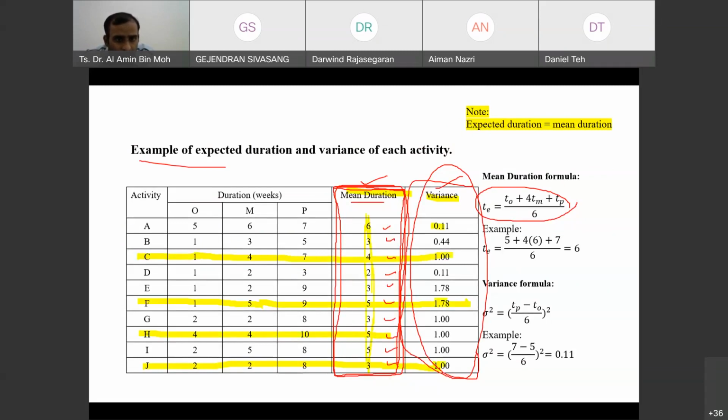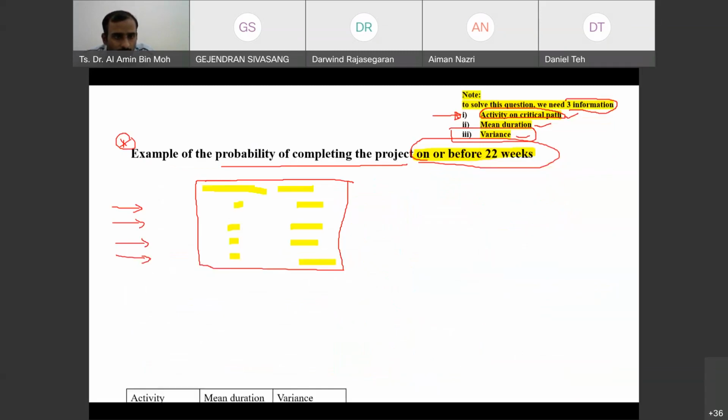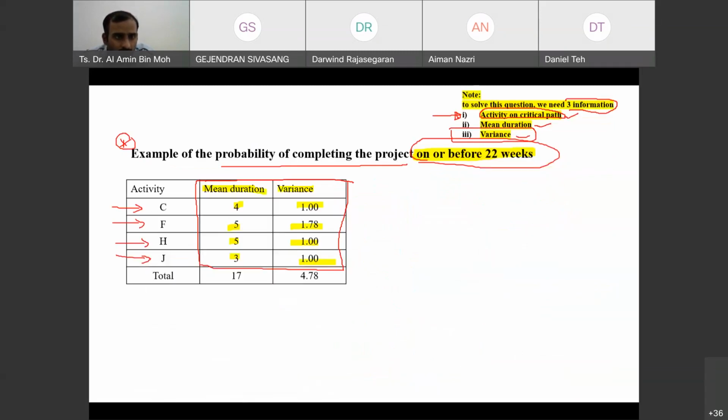We take the information from this table, and then we calculate the total mean and also the total variance.